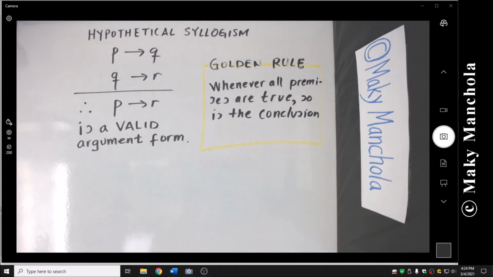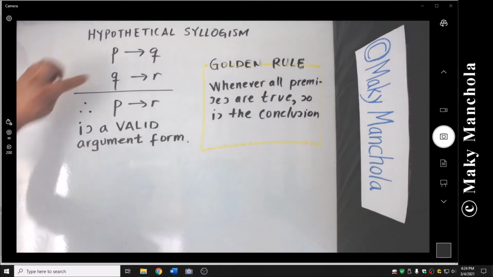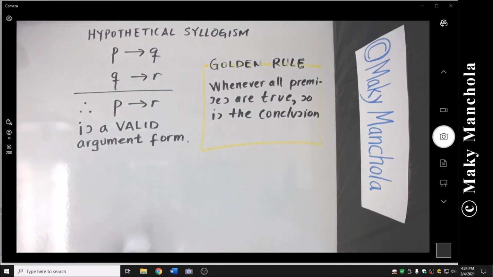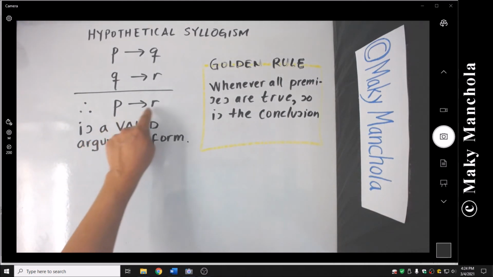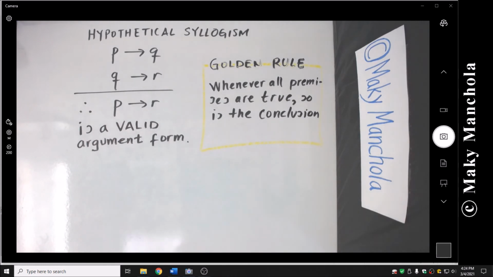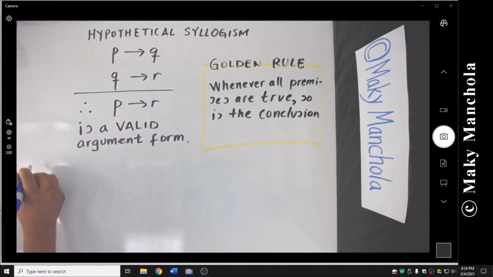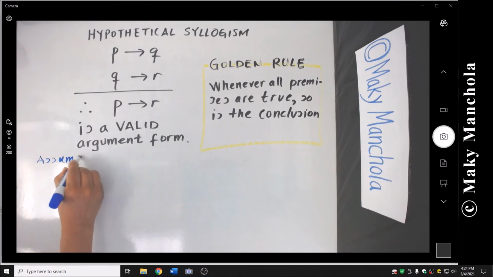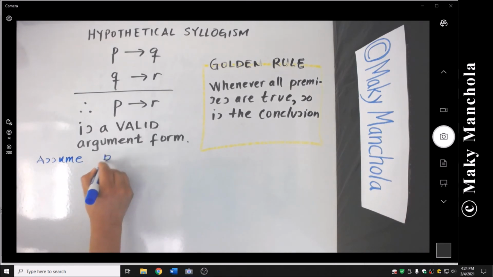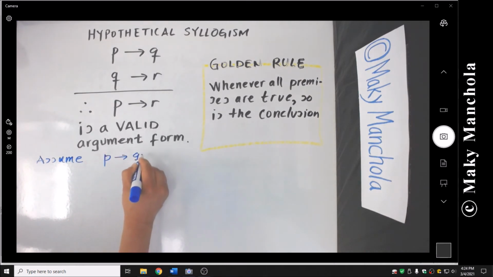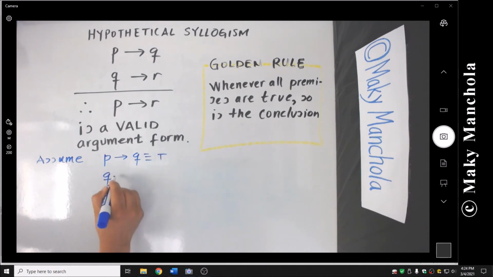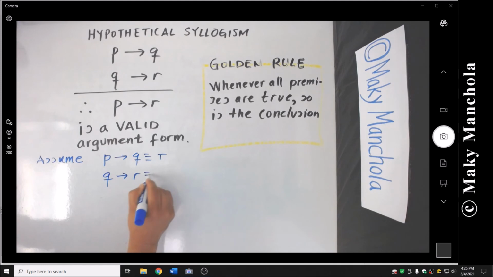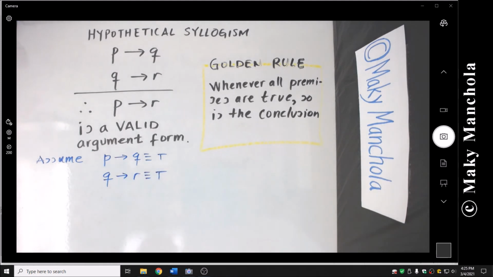So let's assume that all premises are true, and let's find out what the truth value of the conclusion is. So assume P implies Q is true, Q implies R is true. Here is our goal.